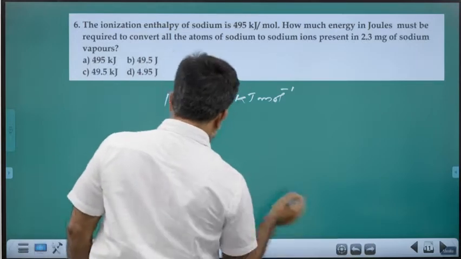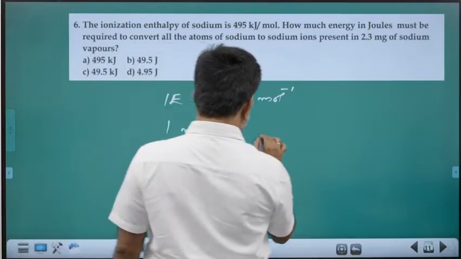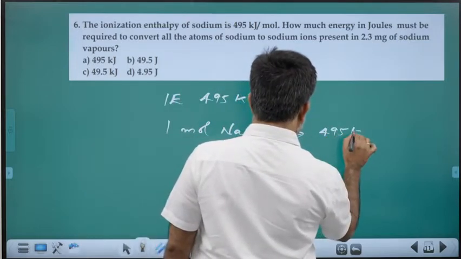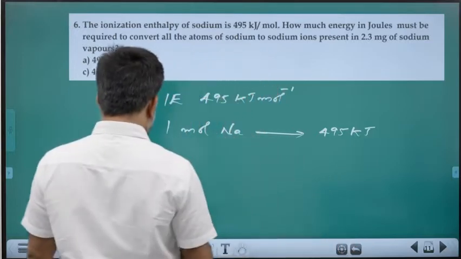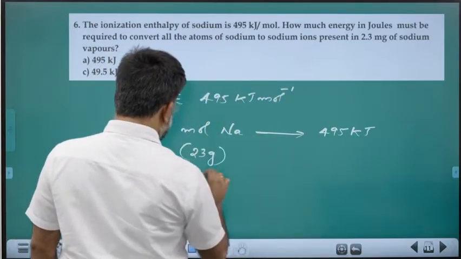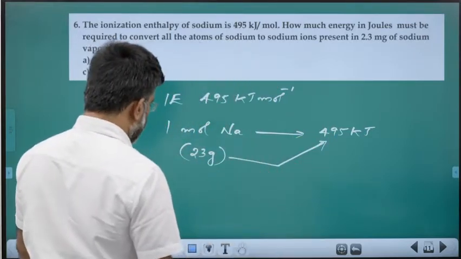That means for ionization of 1 mole sodium, the value required is 495 kilojoule. 1 mole sodium means 23 gram. 23 gram, you need 495 kilojoule.